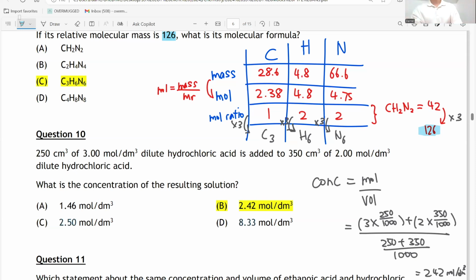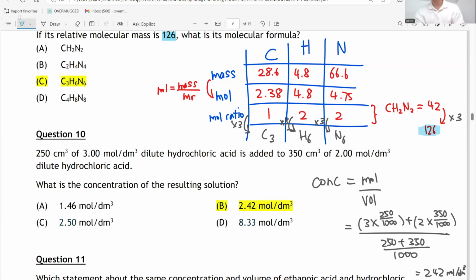But can anybody articulate for me why did I divide by 1000 for the volume? Your units, right? So you say this, but you are supposed to know, right? Otherwise, you will not get the correct answer. Then I'll finally divide by the total volume. But once again, for the total volume, I also need to take care of the units.